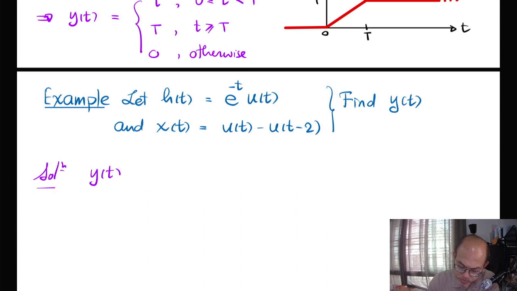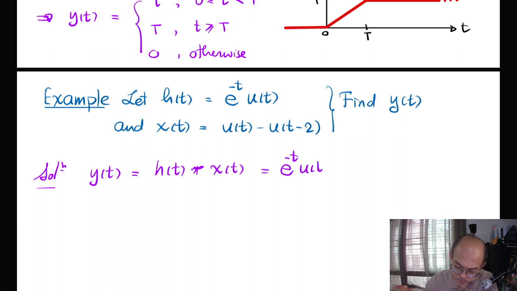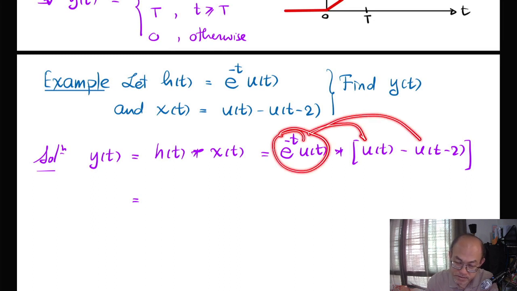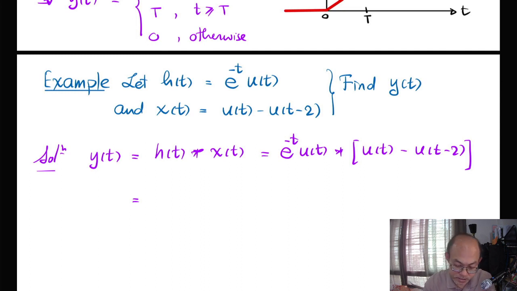The zero state response is equal to h of t convolved with x of t, right? Now we could plug in the functions given in the example. So we have e to the minus t u of t convolved with u of t minus u of t minus 2. And then we could use the distributivity property, just like we did in the last example.